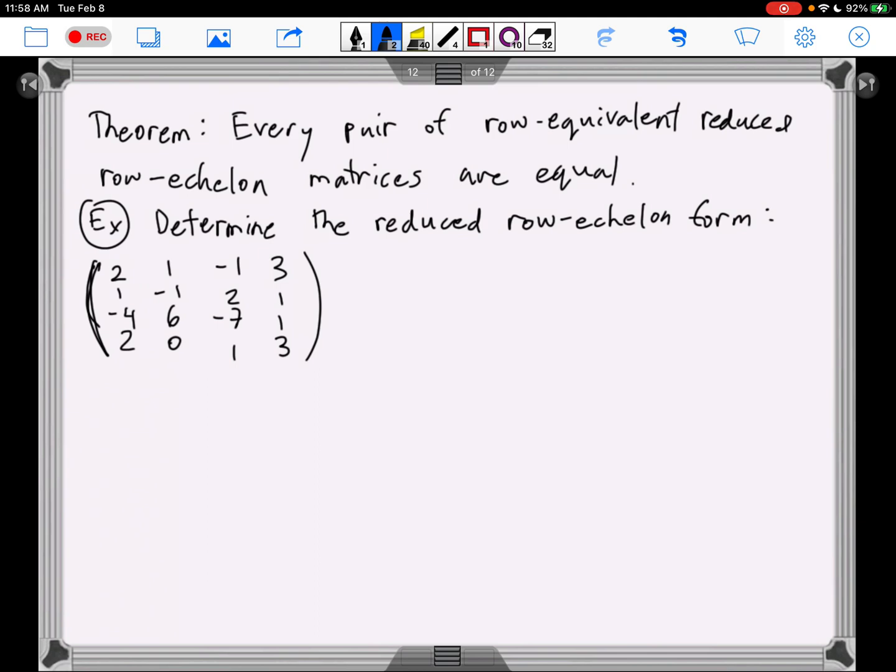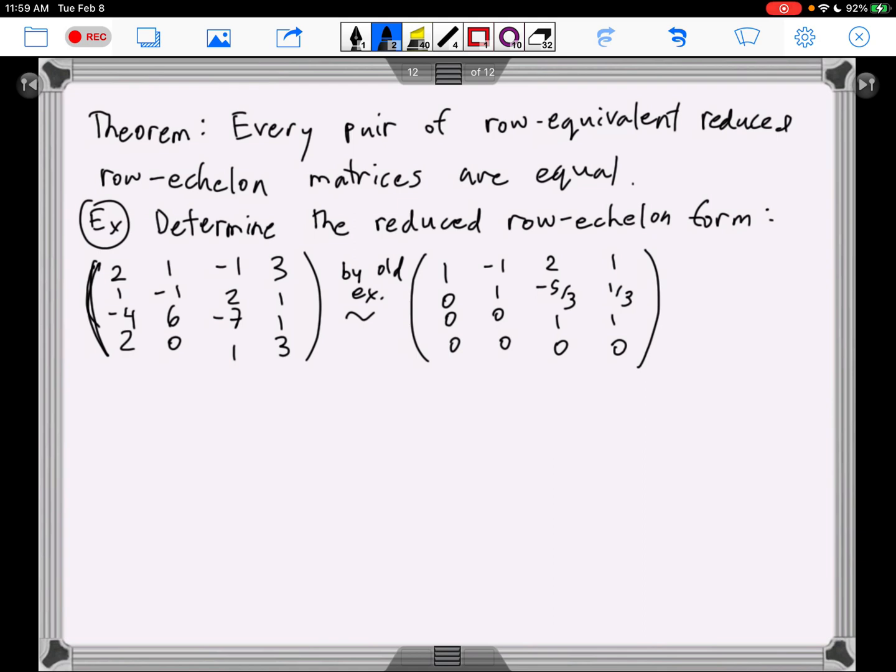Okay, so by the old example, we already did the work and we got that this is row equivalent to the following: 1, 0, 0, 0, negative 1, 1, 0, 0, 2, negative 5/3, 1, 0, and 1, 1/3, 1, 0.